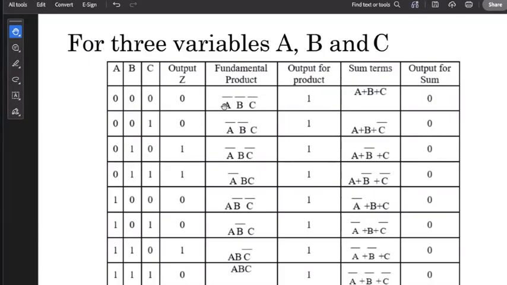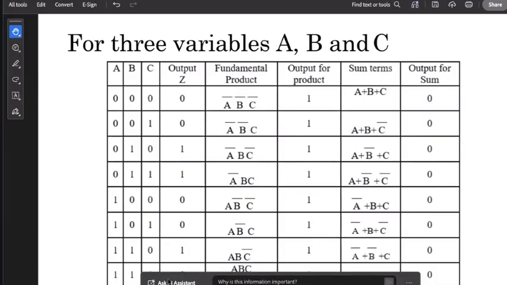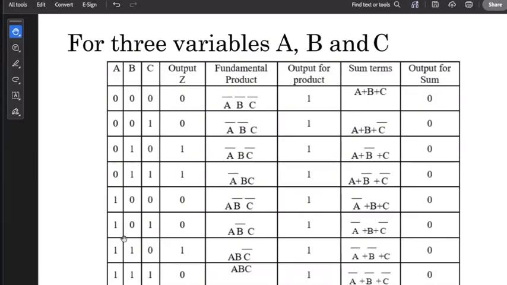That is A bar, B bar, C bar. Now do the same thing for all the 8 rows and see. Just take this line. If you want to get the product as 1, what should we do? Take this 1, 0, 1. B should be the opposite.